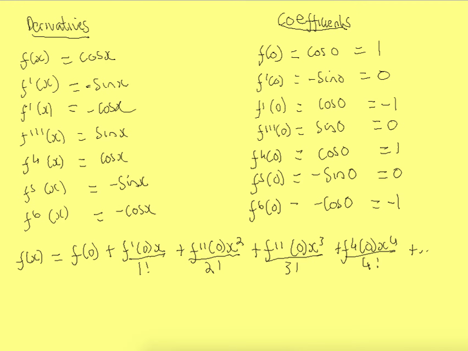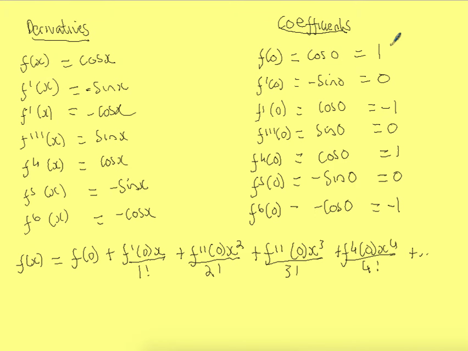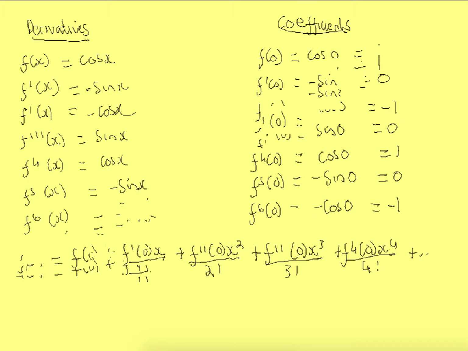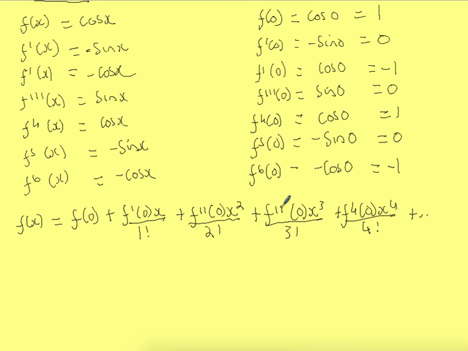Right? And remember, all we're doing is we're swapping these coefficients in place of the derivatives. Right. Okay, so f of 0 is 1.